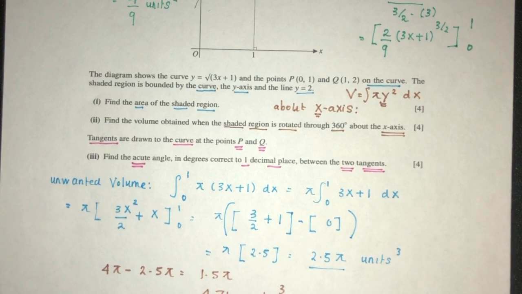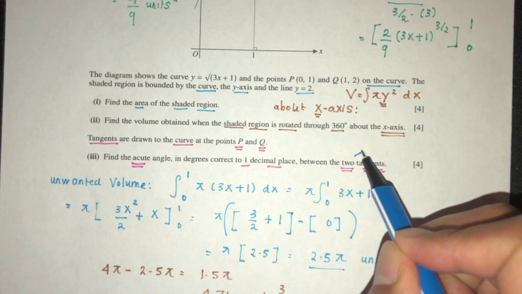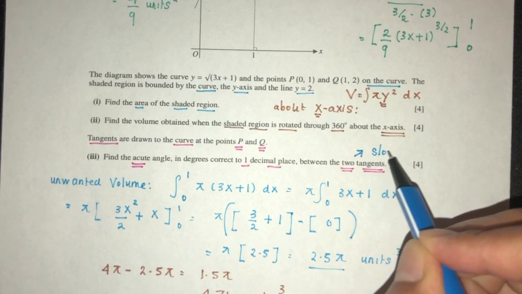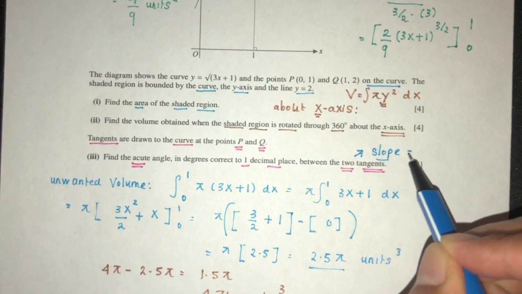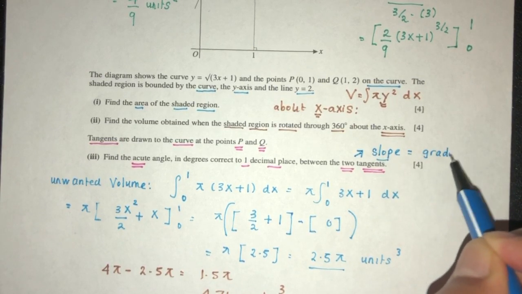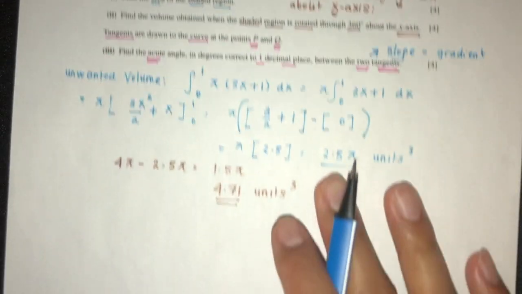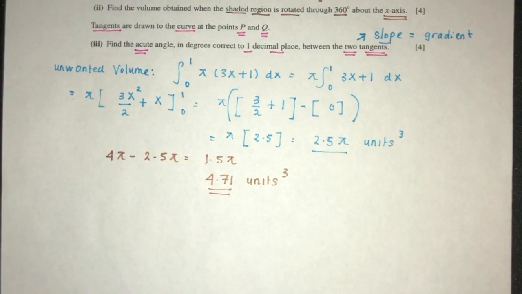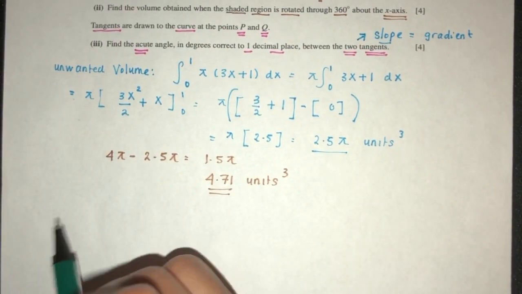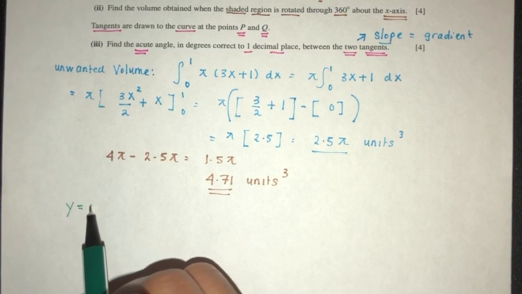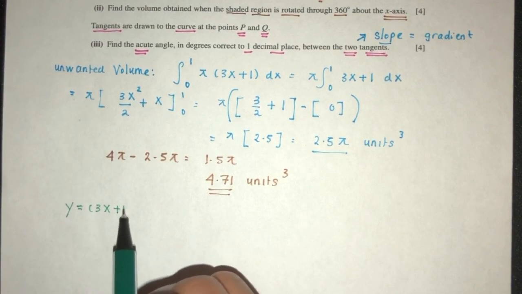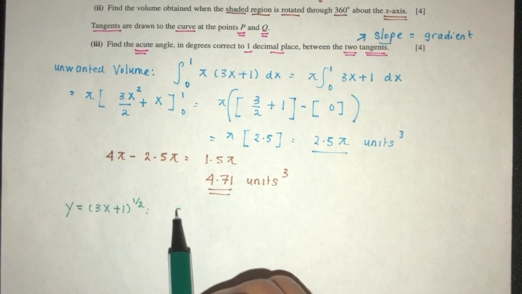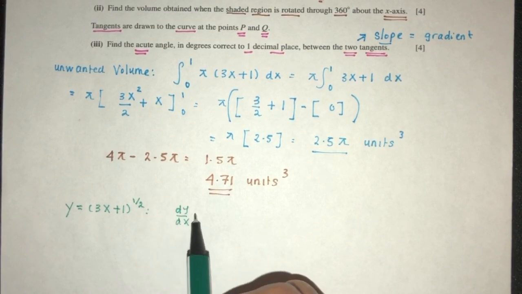Now, to find the angle between two tangents, we have to find the slope of the tangent, which is simply the gradient of the tangent. Now we know to find the gradient of the tangent, we have to find what? dy by dx. So y was given to you as (3x plus 1) to the power half. From here, dy by dx will be what?